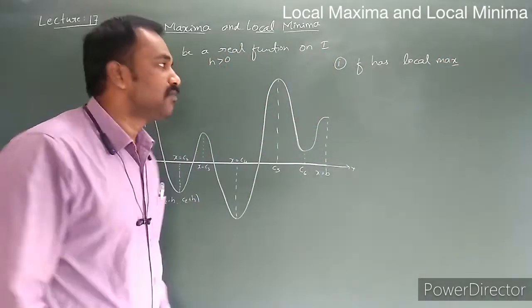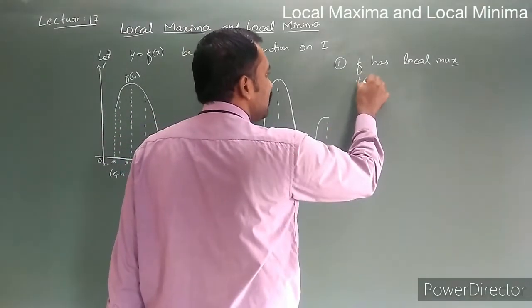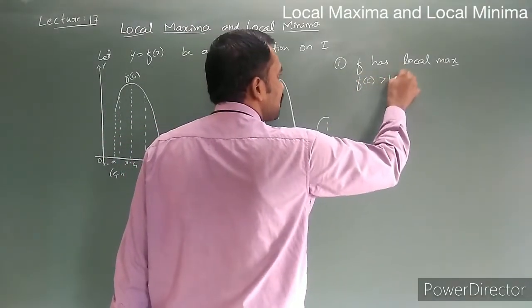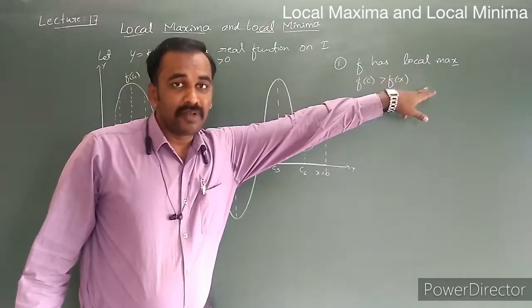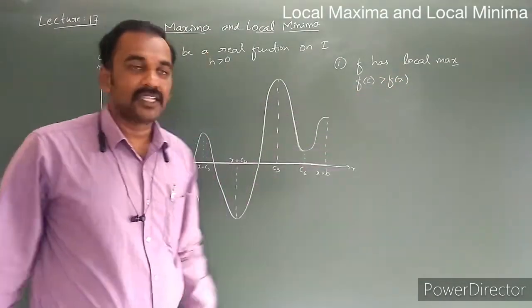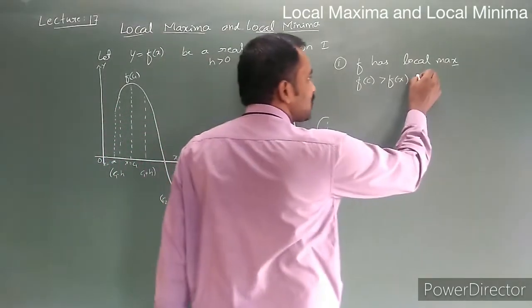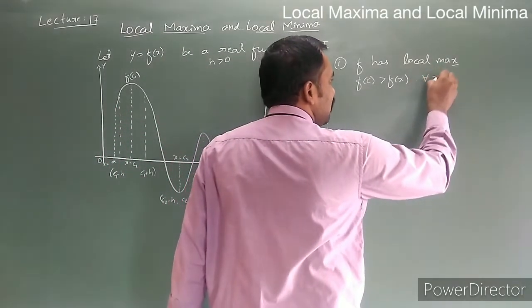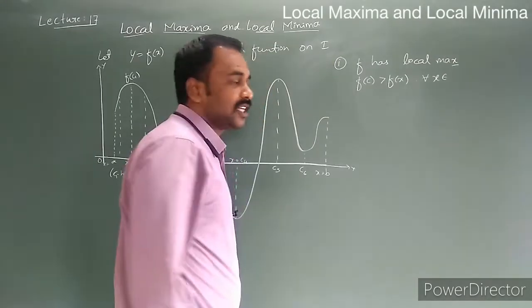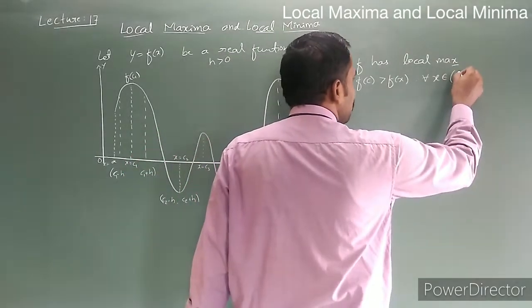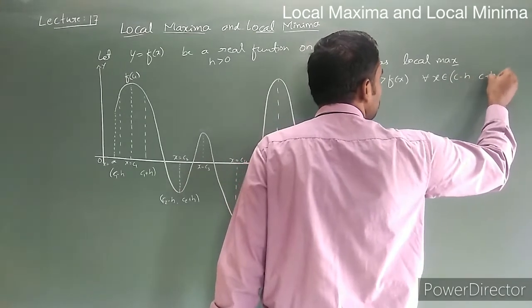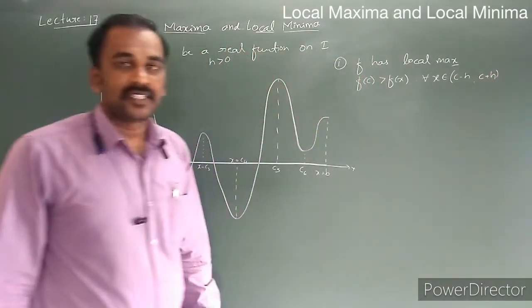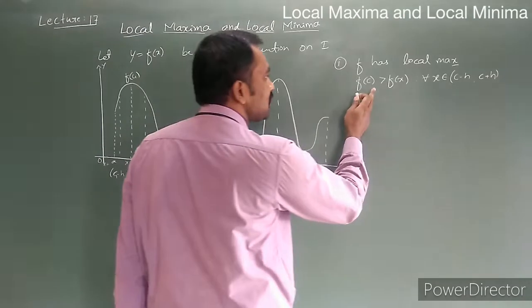F has a local maximum value when f of c is greater than f of x for all x belonging to (c minus h, c plus h).